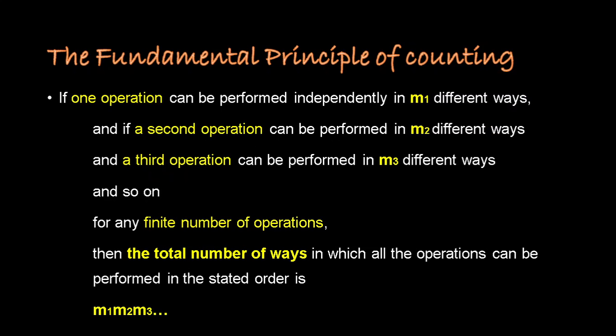What is the fundamental principle of counting? If one operation can be performed independently in M1 different ways, and a second operation can be performed in M2 different ways, and a third operation can be performed in M3 different ways, and so on, for any finite number of operations, then the total number of ways in which all the operations can be performed in the stated order is M1 multiplied by M2 multiplied by M3 and so on.